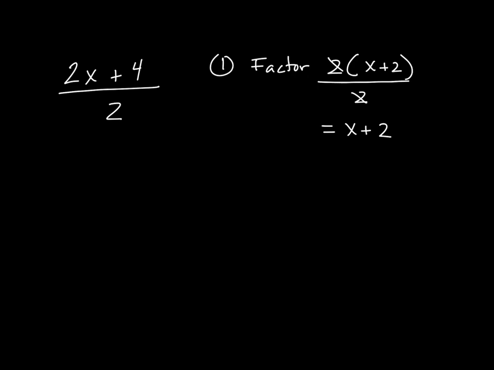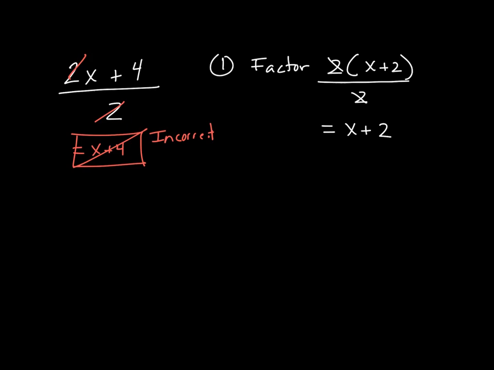A common mistake that I would see was people would cancel those 2's out and tell me it was equal to x plus 4. That would absolutely be incorrect, but it was a very common mistake I saw.